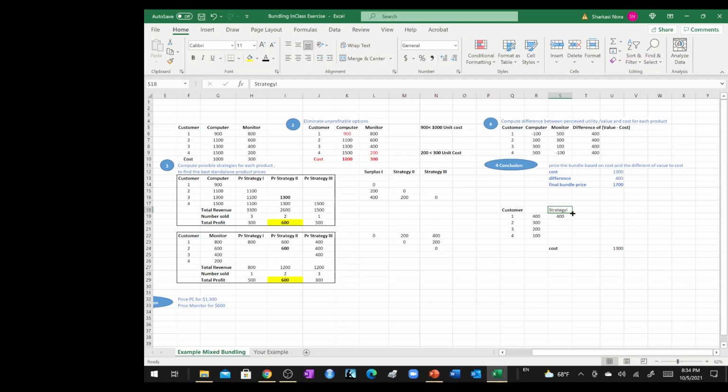Strategy 2, on the other hand, will be 300. If you price here at 300, then you will make 600.